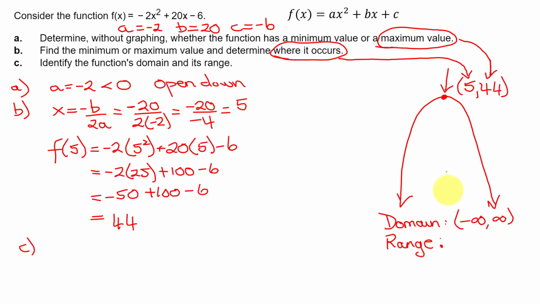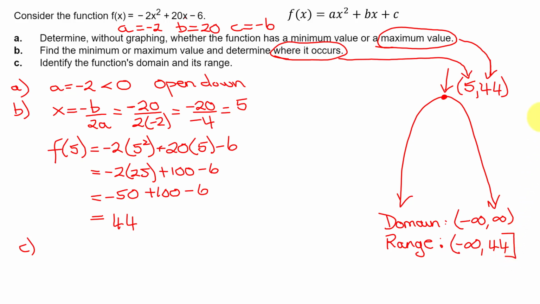Are there any y values down here? Yes, so my range starts at negative infinity, and it goes up to the vertex, the y value of 44. So my range goes from negative infinity with a parenthesis on it to 44 with a square bracket.